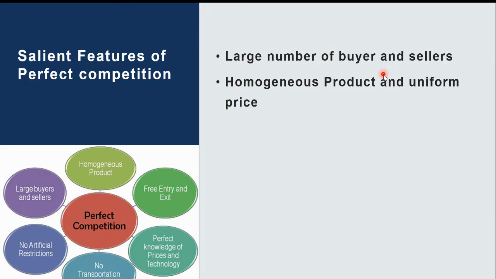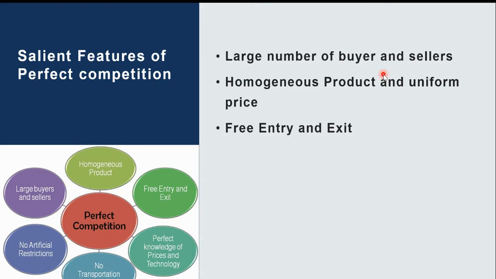That is only called homogeneous. Suppose if you are going to buy ponni rice in one shop, if the shopkeeper says, I don't have ponni rice, you will say, give me some other rice. It can be substituted easily. You will not say, rice இல்லையா, அப்போ எனக்கு இன்னைக்கு அரிசியே வேணாங்க. You can go and buy in some other shop also, okay? So they are homogeneous, and the prices are also uniform.